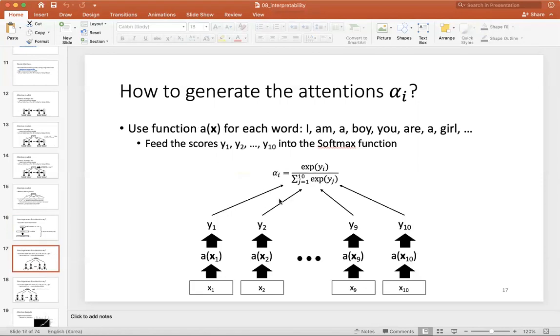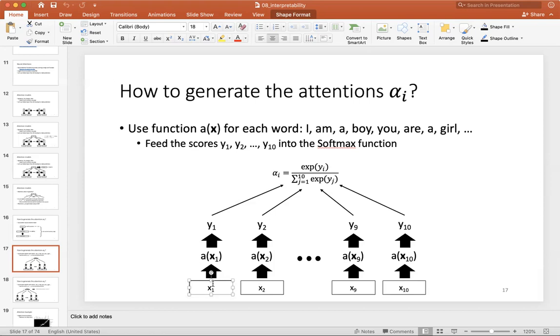At every single time step, you put your input into your attention function and derive a scalar value. x1 could be a visit, could be a character in your name, or whatever.